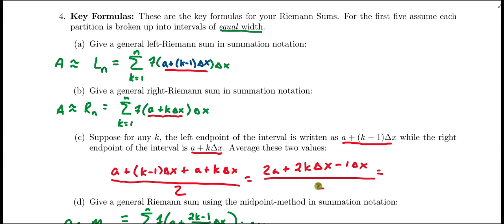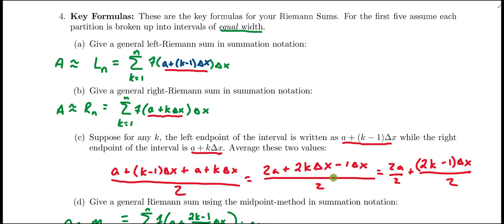What I'll do is I'll go ahead and divide the 2 into the first term and into the second 2 terms. So that gives me 2a over 2 plus 2k delta, and then in the numerator I'm going to factor out that delta x. So 2k minus 1 delta x over 2. So this is not too bad, folks. I went ahead and divided the denominator to the first term.